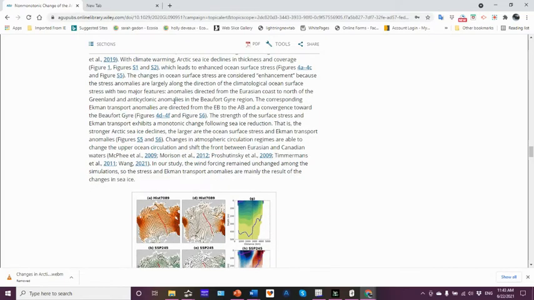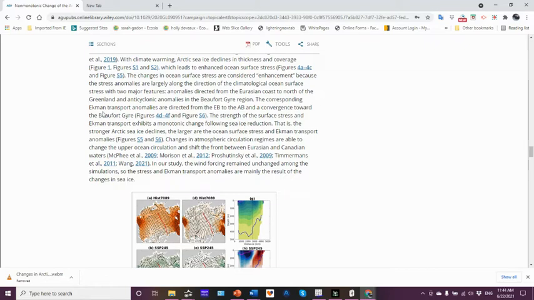And they go on to talk about the change in ocean surface stress being considered an enhancement because the stress anomalies are largely along the direction of climatological ocean surface stress. Two major features: anomalies directed from the Eurasian coast to north of Greenland, and anticyclonic anomalies in the Beaufort Gyre region.